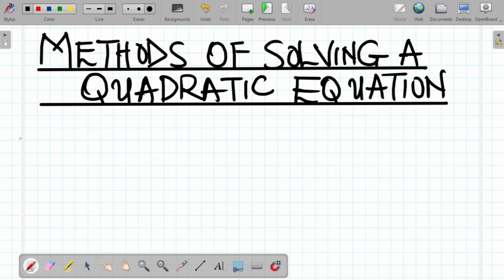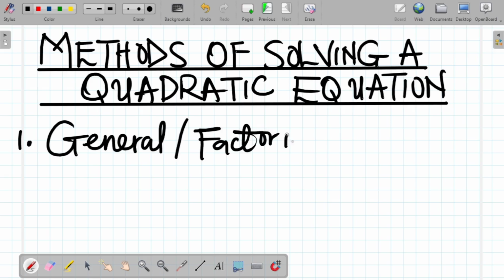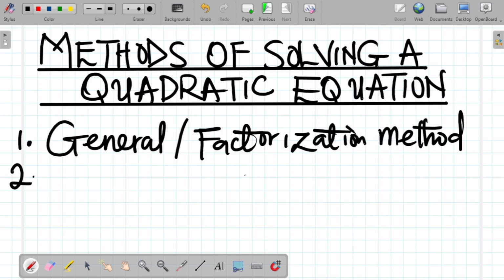Now let's consider the methods of solving a quadratic equation. There are 4 methods of solving a quadratic equation. The first method is known as the general method or factorization method. The second method is known as completing the square method.